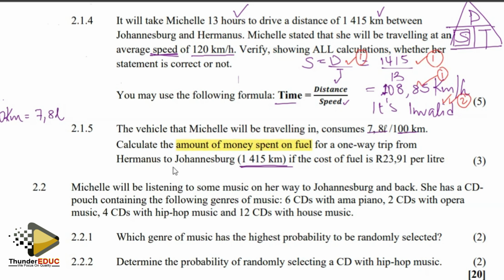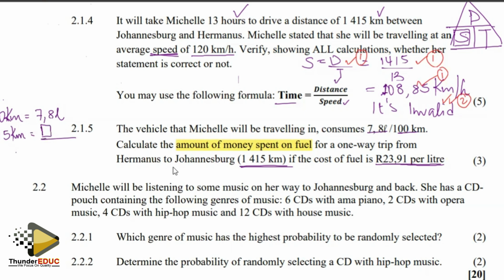So for us to know the amount of money spent on fuel, we need to know how much fuel was used, because the cost is per liter. It's not per kilometer. So guess what we're going to do? We shall ask ourselves, if for 100 kilometers the person uses 7.8 liters, what about if I have 1,415 kilometers? Definitely this is going to be more, but by how much?